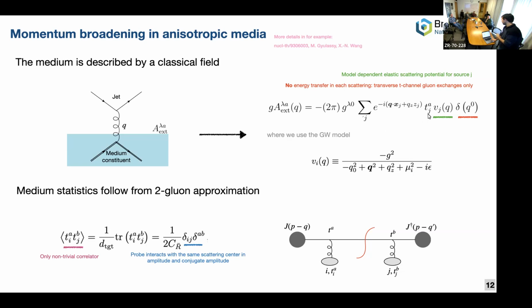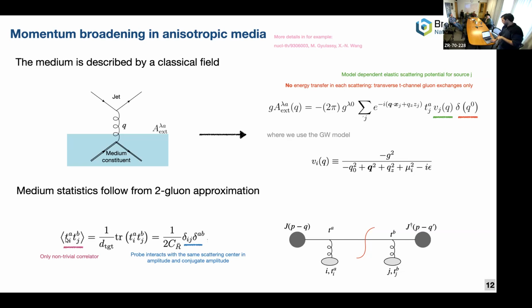And to model these potentials that are produced by each particle in the medium, in this calculation we use the GW model, which takes this form. As you can see, it's just the propagator of this gluon screened by some mass, which is a Debye mass. The second part is to define the statistics of this field.